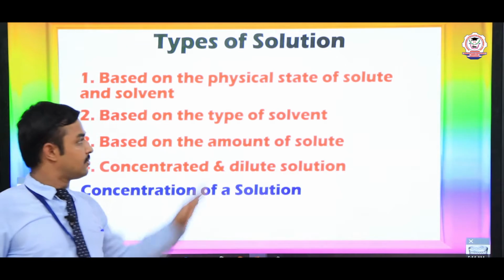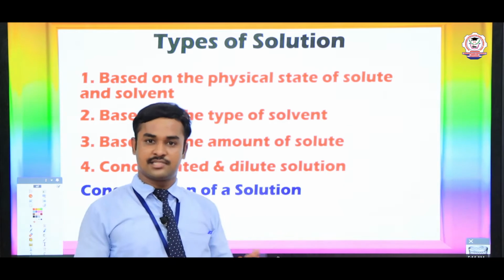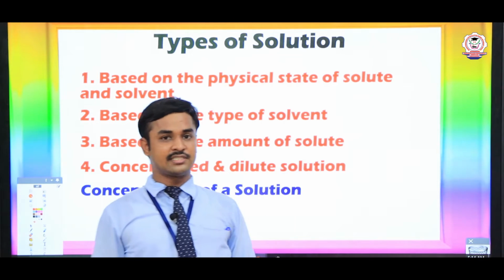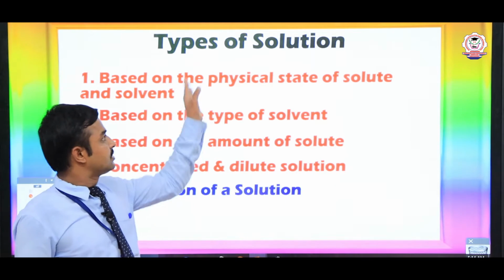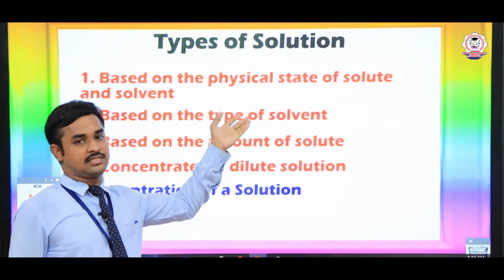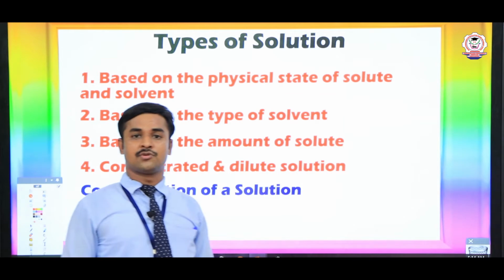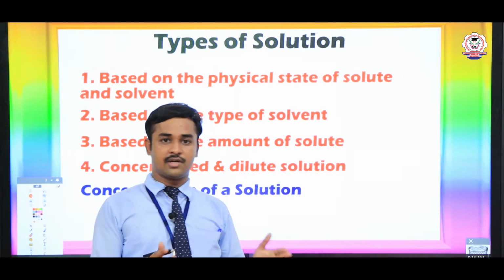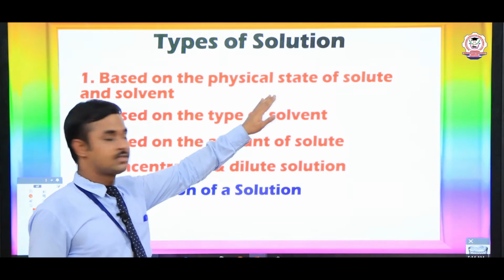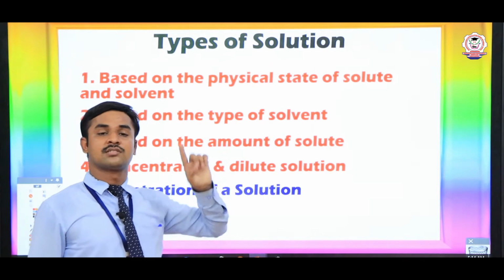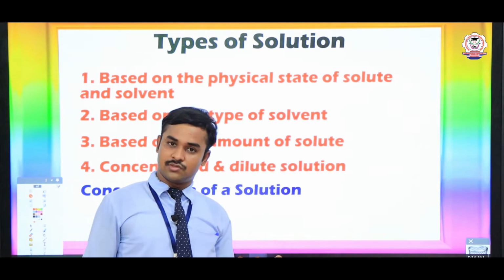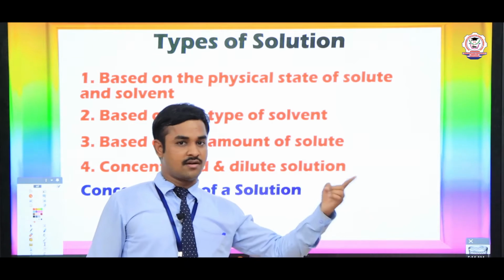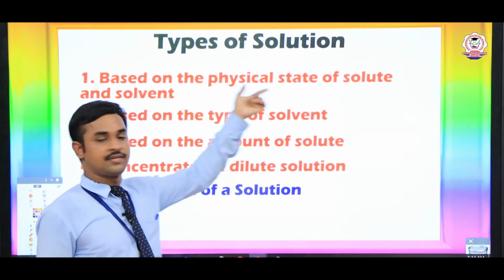These are the four ways to classify solutions. We already discussed that by physical state we can define the types of solution, whether solid, liquid or gas, depending on the state of the solute and solvent.